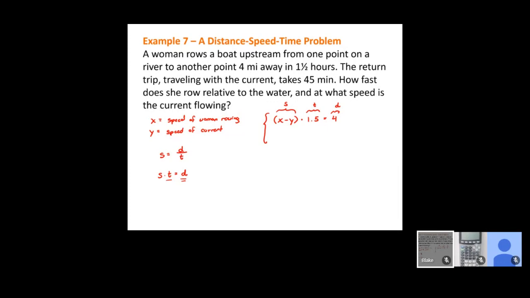Now we need a second equation in the other direction. What is the speed going to be when she's going in the other direction? Good. In this case, downstream, the current is helping her, it's speeding her up. So we're going to take her speed plus the speed of the current times what's the time for that trip going to be?